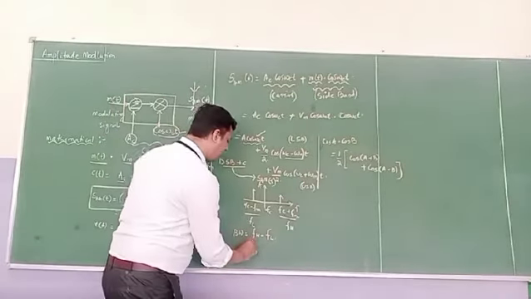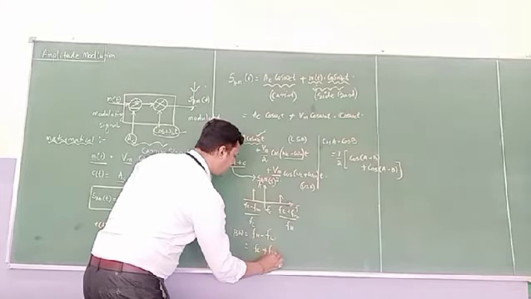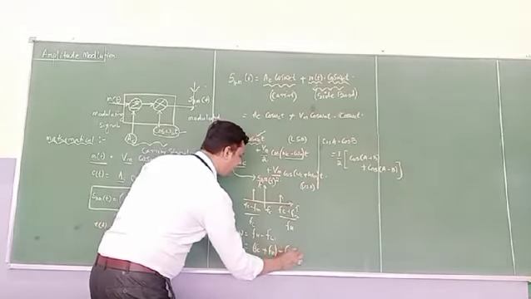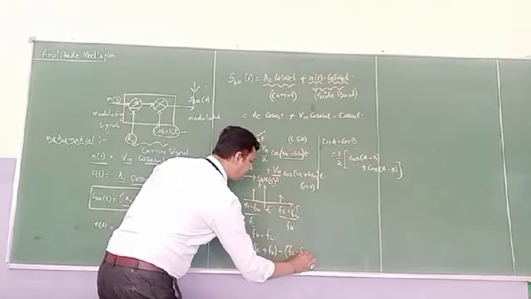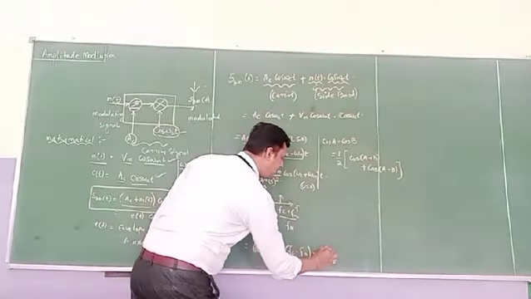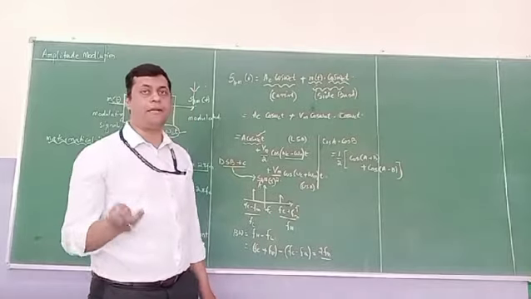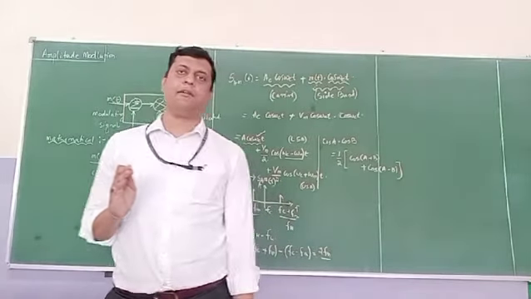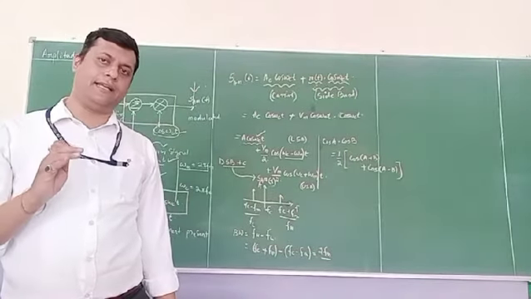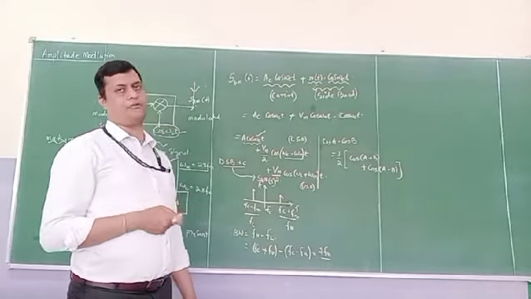In place of higher frequency I substitute Fc plus Fm, and in place of lower frequency Fc minus Fm. If I solve this, I will get twice Fm. So the bandwidth of an AM signal is twice the modulating frequency.